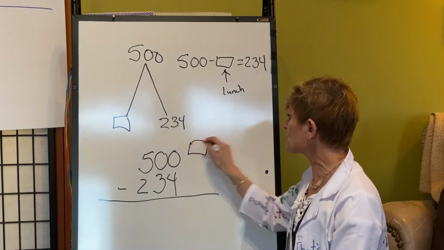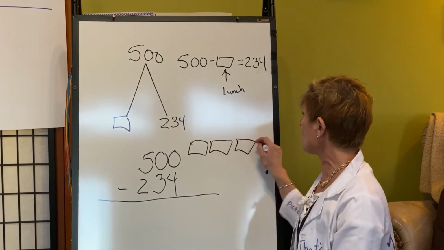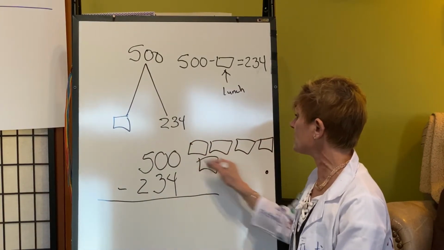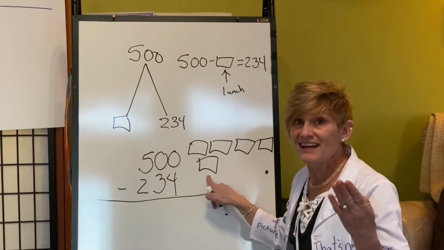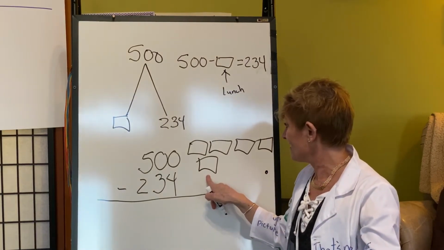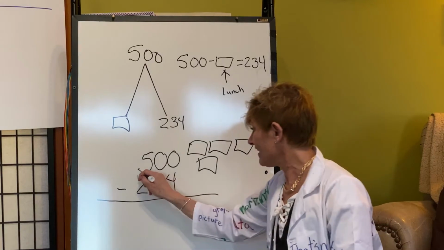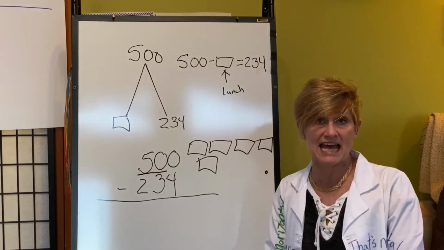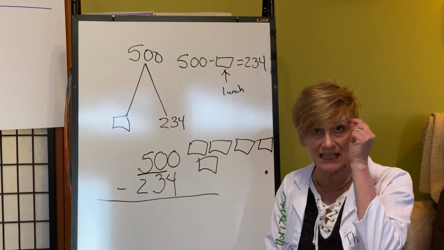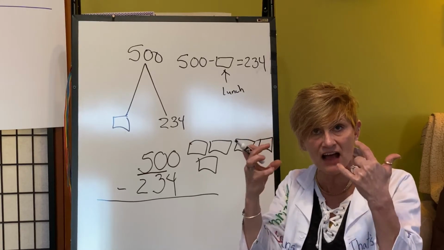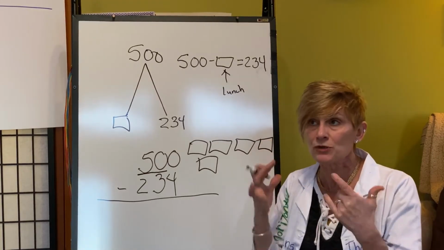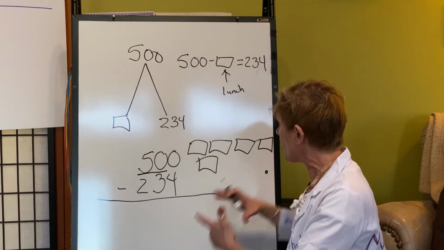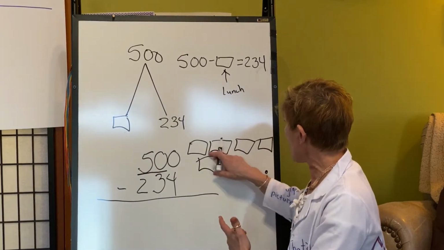Friends, 500, let's remember, every one of those 100s has 10 tens. So technically, it has 50 tens. Let's think like that. Let's be place value monsters. When we're a math monster, we know there are 5 100s.